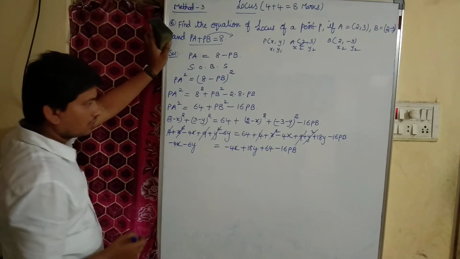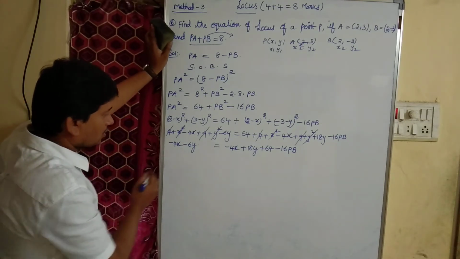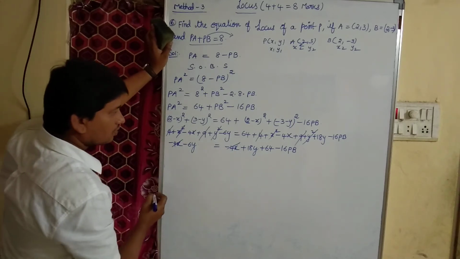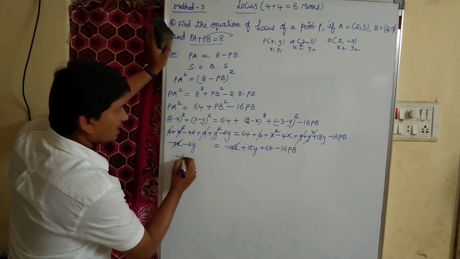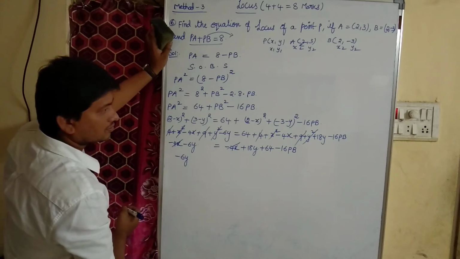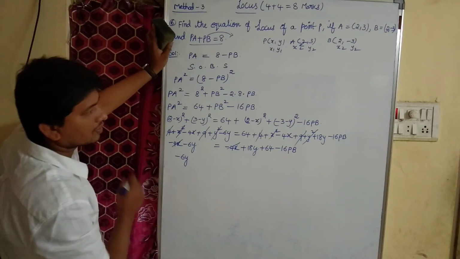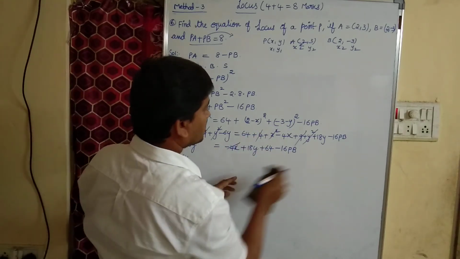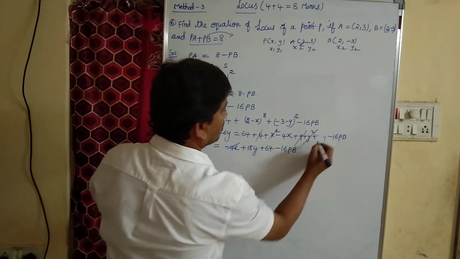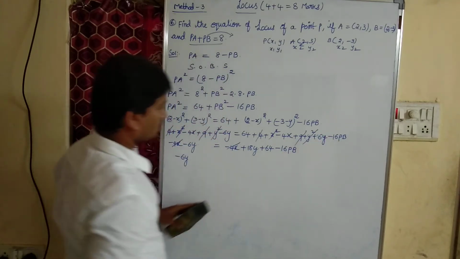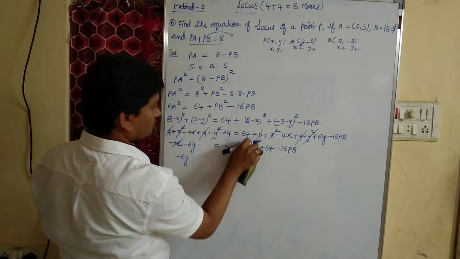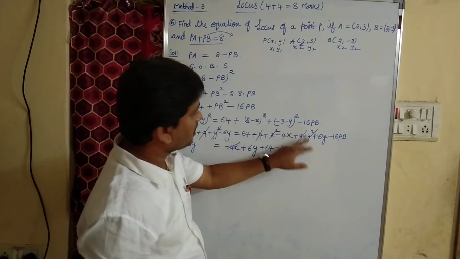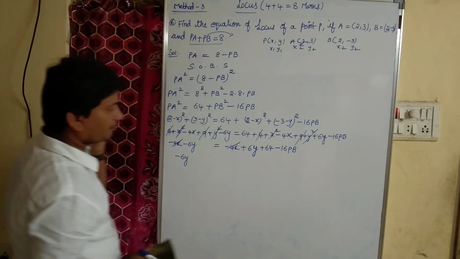Okay children, so here we can also cancel minus 4x as well as minus 4x. So what we have here now, minus 6y. (9 plus y square plus 2 into 3 into y is just 6y only. This is also 6y only children, not 18y, because it is a square plus b square plus 2ab, 2 into 3 is 6y.